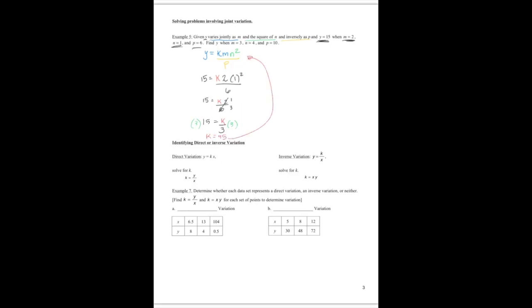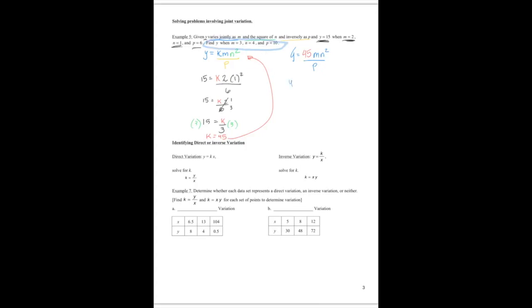I'm going to substitute that back into my variation equation. K is 45 times m times n squared all over p. Now, we have been given additional information and we are being asked to solve for y.